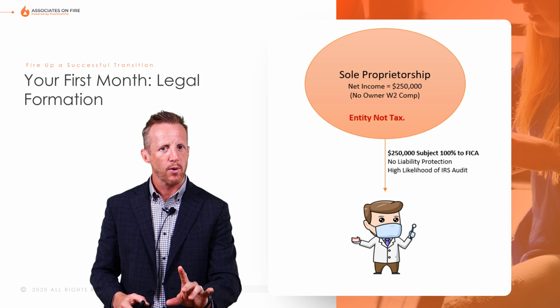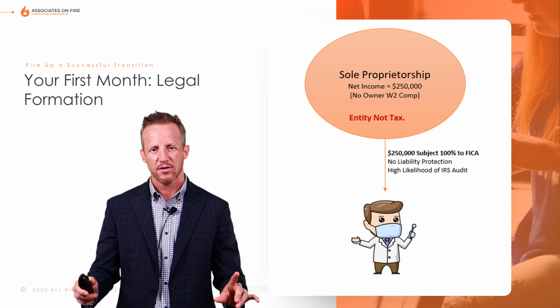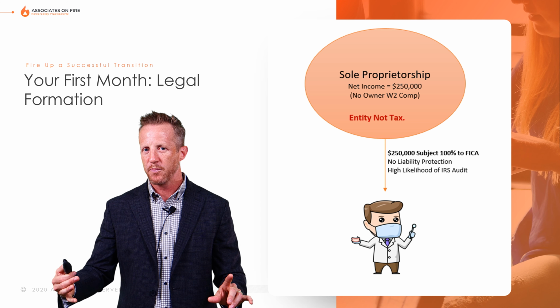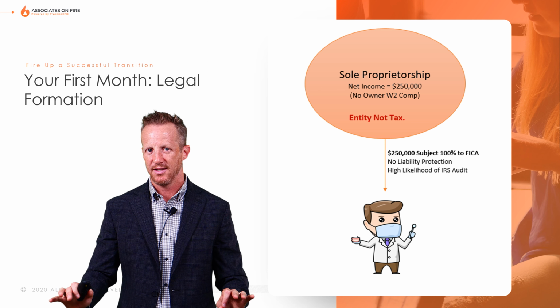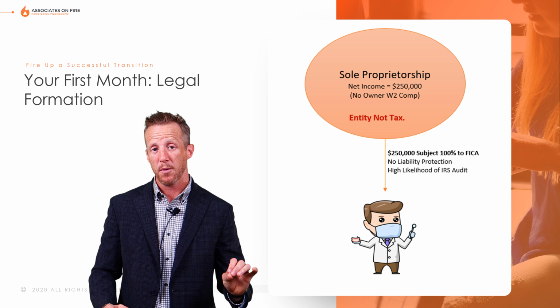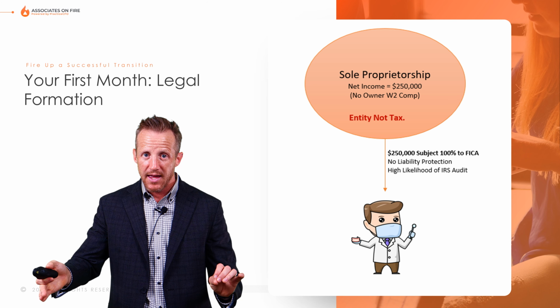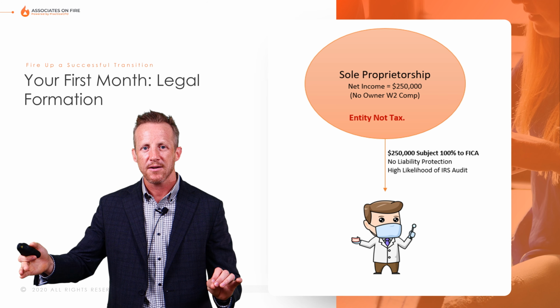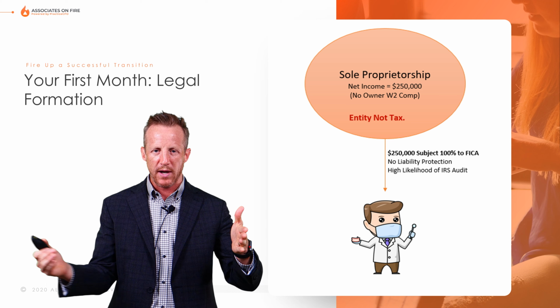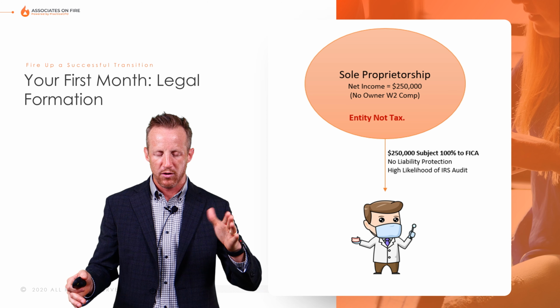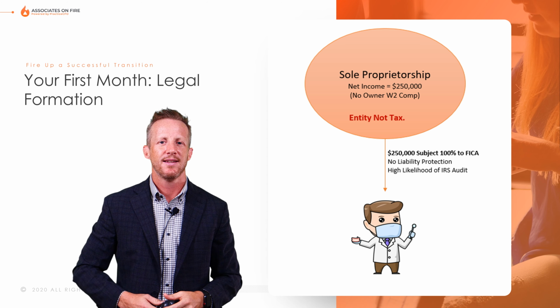And even as a sole proprietor, let me emphasize, you're going to want to set up a separate checking account for your business that's completely different than your checking account for your personal use. You're going to want to have all business expenses over here and all collections deposited over here. And then you're going to want to have just a transfer over to your personal account, where you have all of your personal expenses on this side.